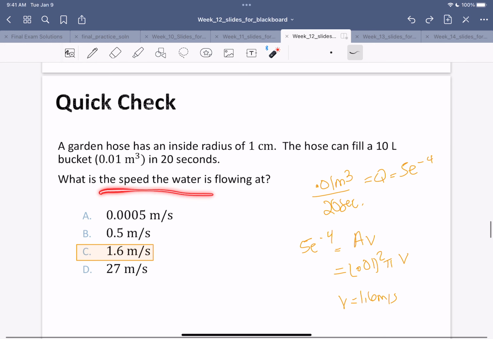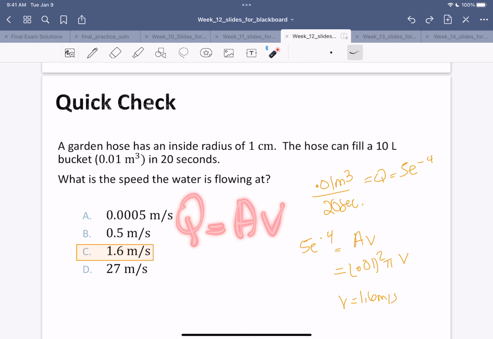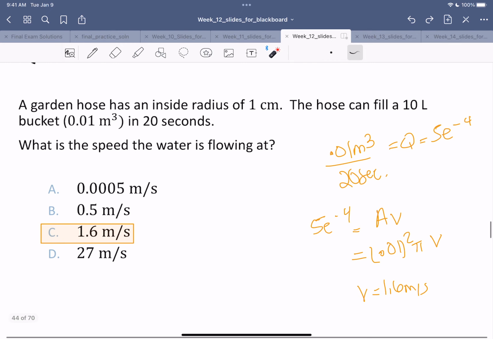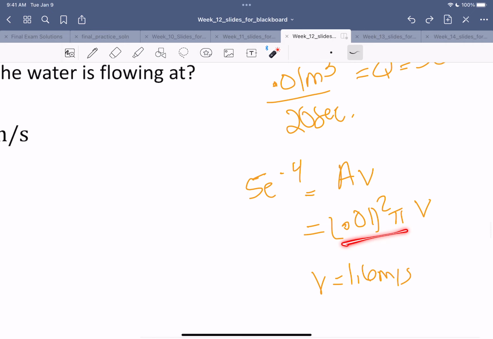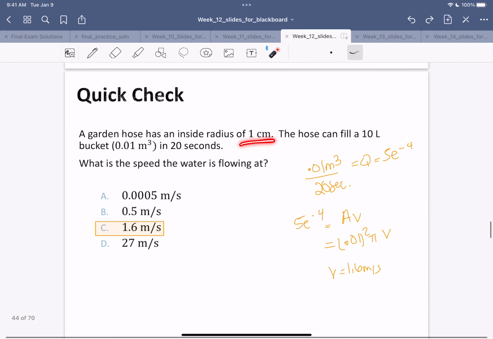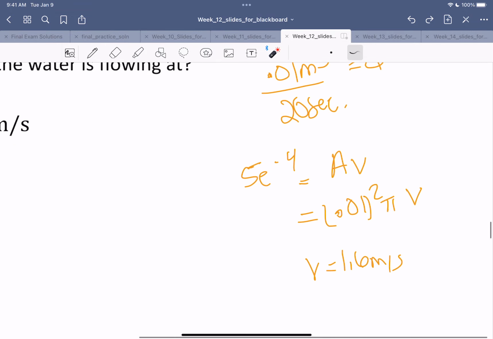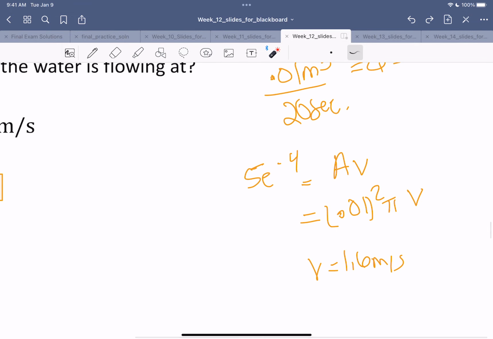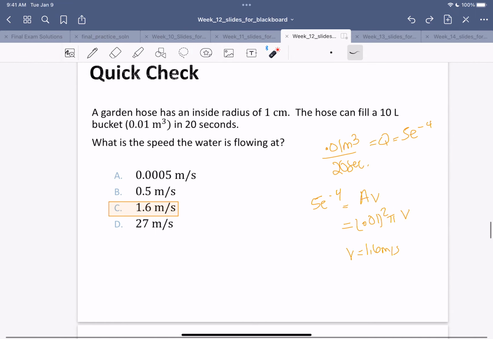Then if they're asking what the speed of the water is, we know that the flow rate is equal to the area times the speed. They gave us the radius of 1 centimeter. We're assuming the hose is circular, with a cross section of a circle. So we can just do pi r squared, where r is 1 centimeter, which is 0.01 meters. We divide the flow rate by the area and get the speed, which is 1.6 meters per second.